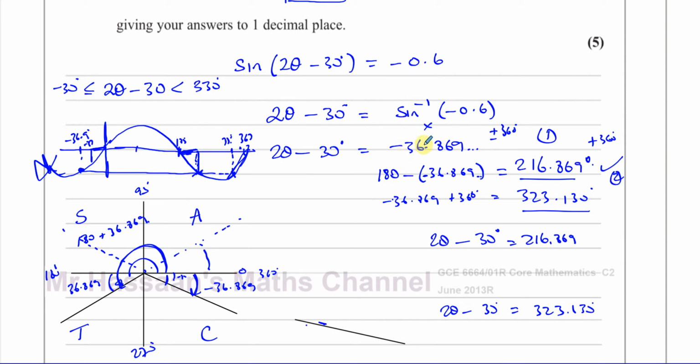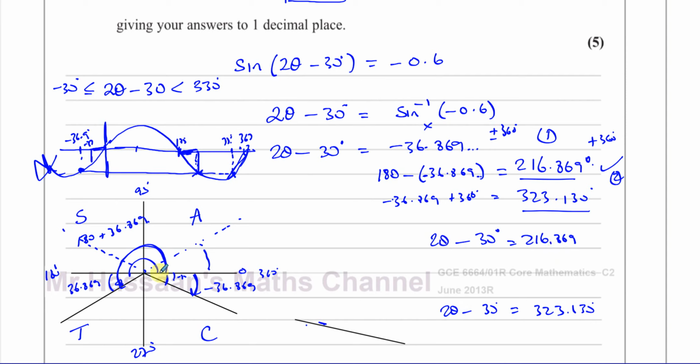Now, whatever that angle is, all you have to do is 180 minus that angle, and it will give you the other main angle. 180 minus this, if it's negative, will become 180 plus it, because we have minus. If that's positive, it will be 180 minus 36.869, which gives you the angle over here. But here it's a negative ratio, so our angles are over here. So that gives you 180 plus 36.869, which is the angle we got, 216.869.